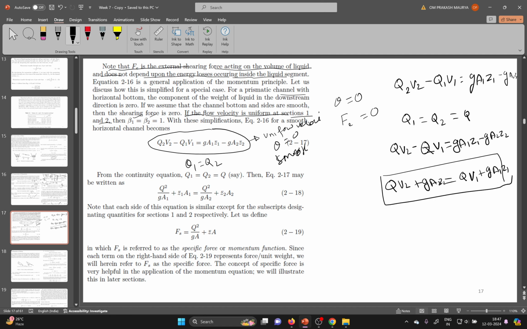So this is the after v2 and a2, just separate out the term. Okay, and now for getting this expression, you will divide or multiply by the g throughout your equation.